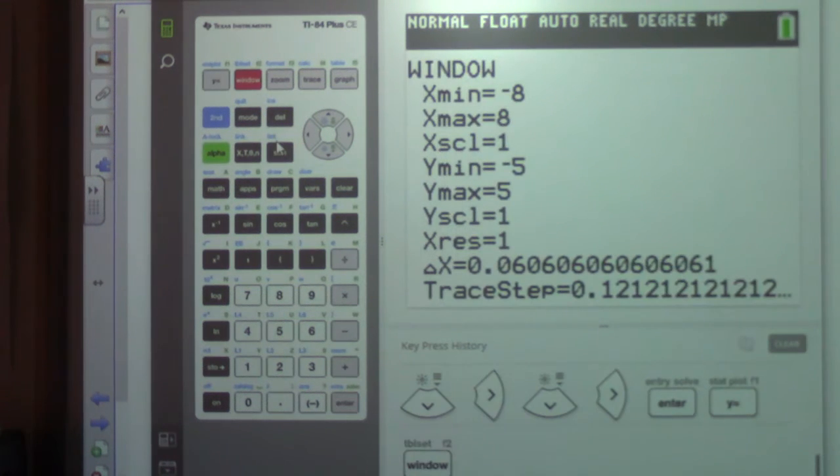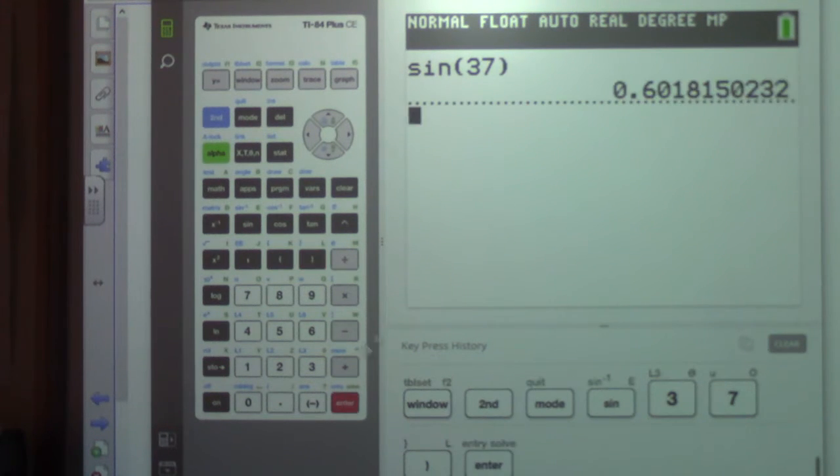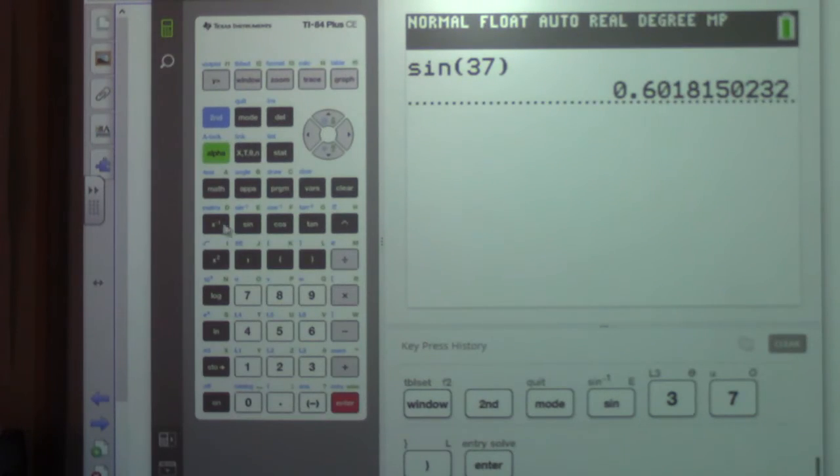So we can put sine 37 degrees. Well, what if we want cosecant 37 degrees? How would you do that, since we don't have a cosecant button on our calculator? We only have sine, cosine, and tangent.